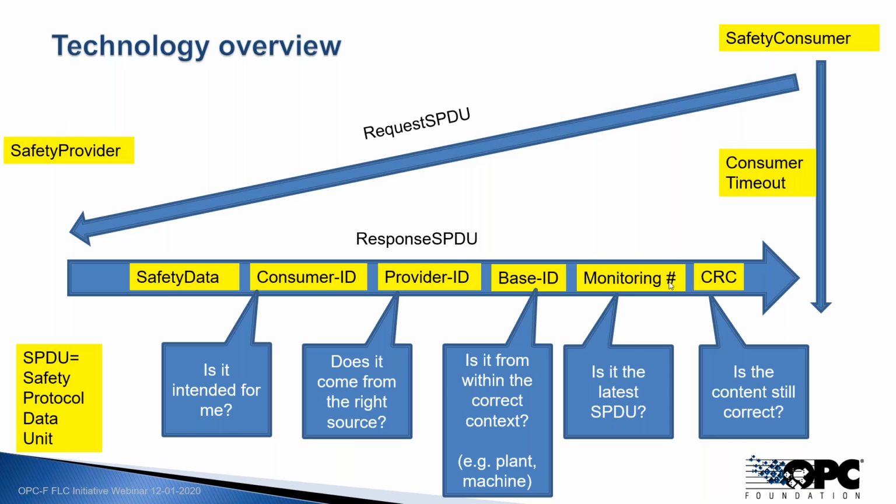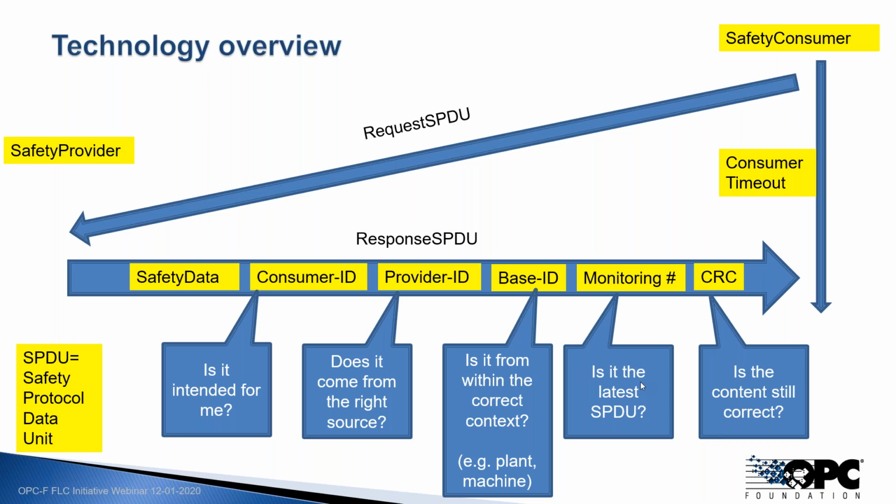Now, the so-called monitoring number is used to detect problems with the sequence or the timing of the telegrams. Each telegram has a number, and here I can check whether this is perhaps not the latest SPDU, but some old SPDU which has been stored in a network storing element, like a router, and by an error of the router is now popping up.